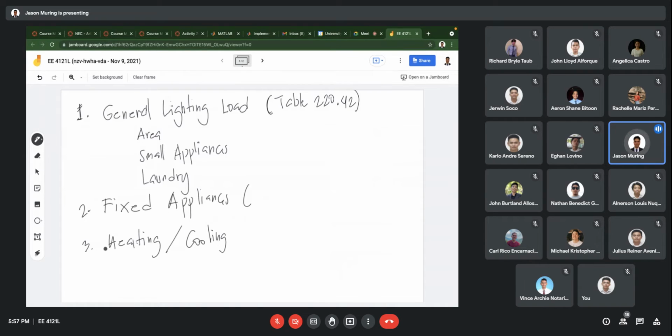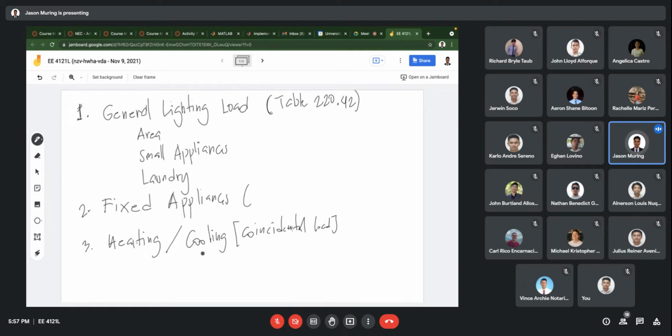Actually, I combined these two because these are what we call the coincidental loads, meaning they will never be used simultaneously.